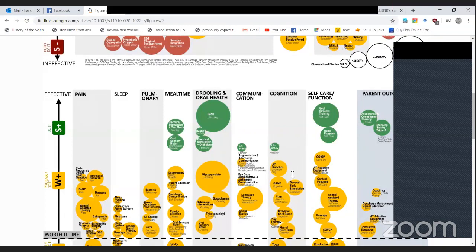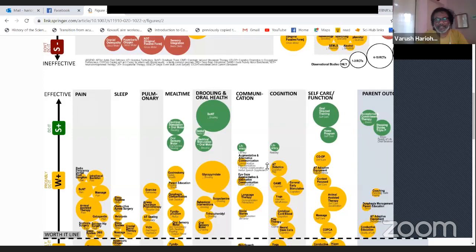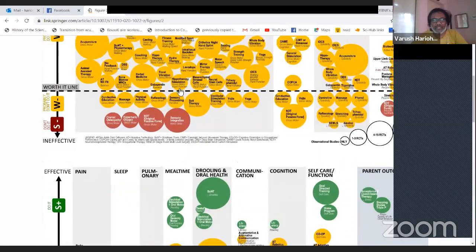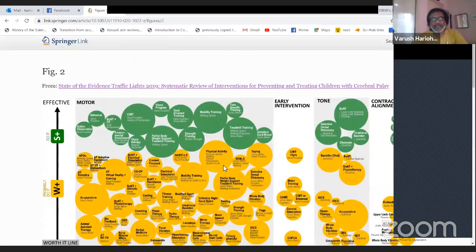Because as somebody has already pointed out, there are hundreds of ineffective, not science-based treatments. So have some idea about how all these things are working, especially since in the earlier review, the 13th review, there was less green. Now they have a lot of greens. You can see there are a lot of greens here. So you need to have those things in mind and use them also.